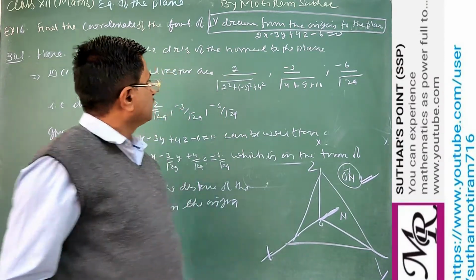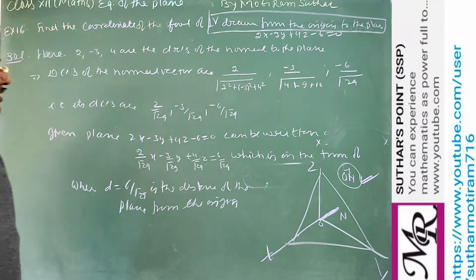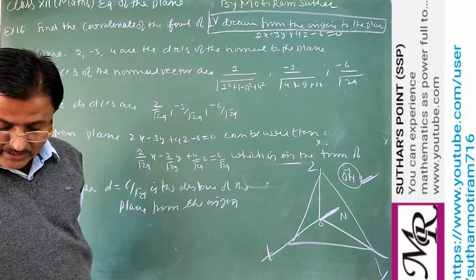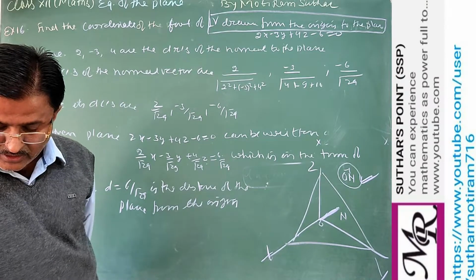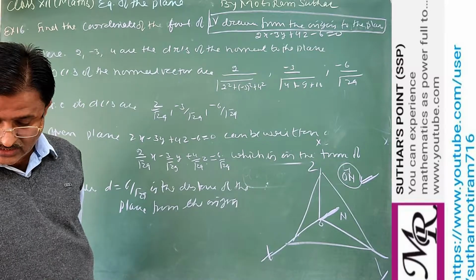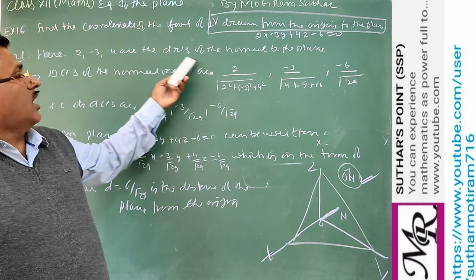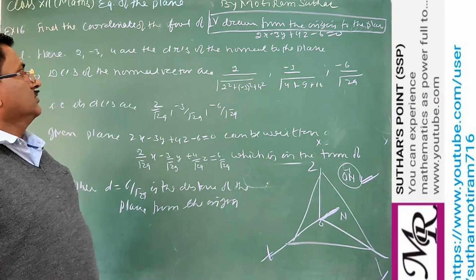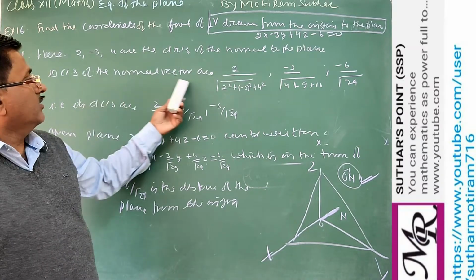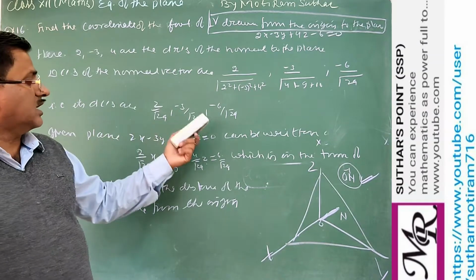To find the coordinates of the foot, we first need the direction cosines. How do we find them? That is already given. Here 2, minus 3, 4 are the direction ratios of the normal to the plane. So the direction cosines of the normal are these.